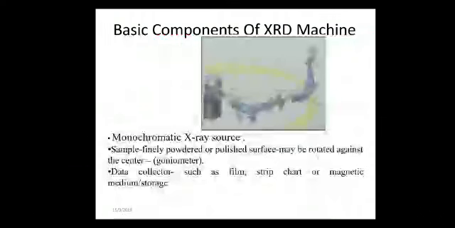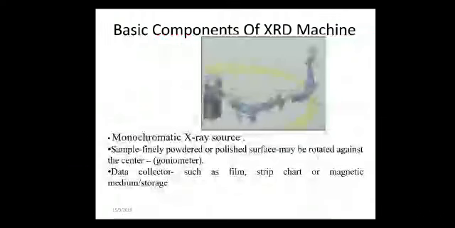By measuring the angles and intensities of these diffracted beams, a crystallographer can produce a three-dimensional picture of the density of electrons within the crystal. From this electron density, the mean position of the atoms in the crystal can be determined, as well as the chemical bonds along with their disorders. X-rays are electromagnetic radiation with wavelengths in the range of 0.1 to 100 angstroms.